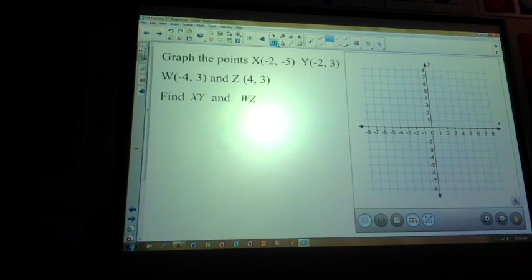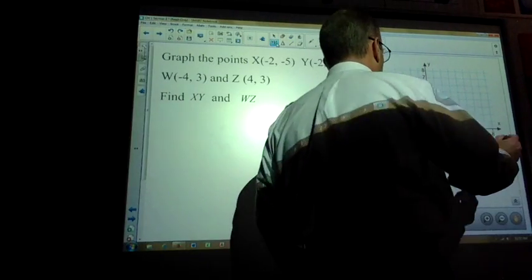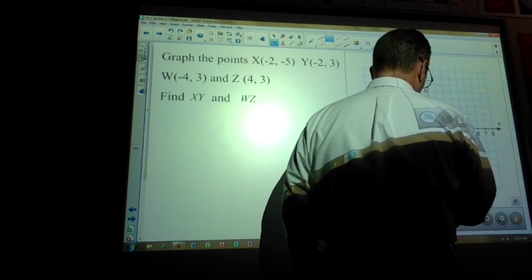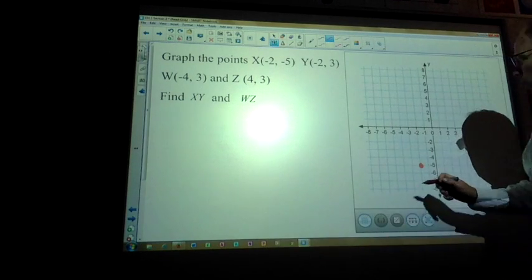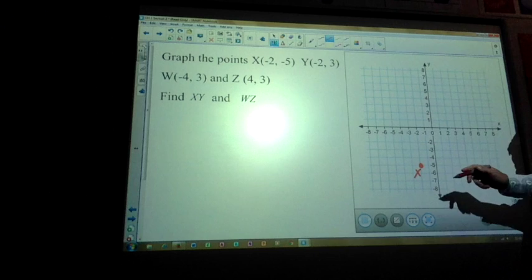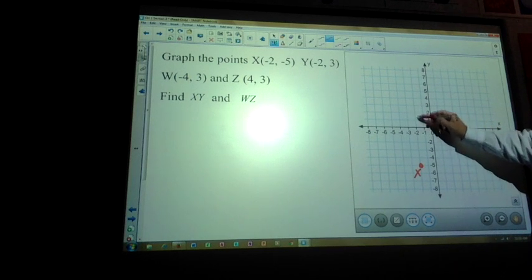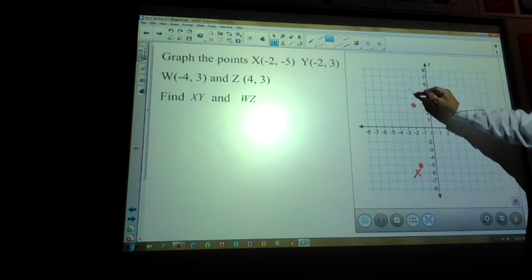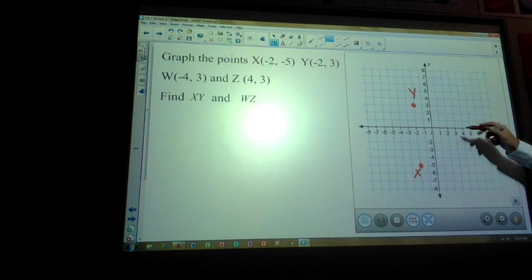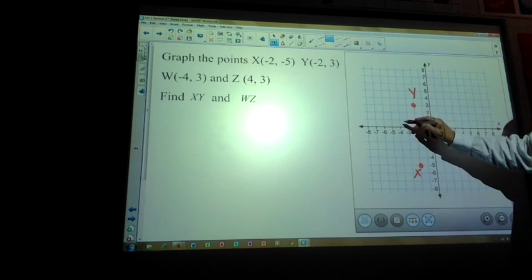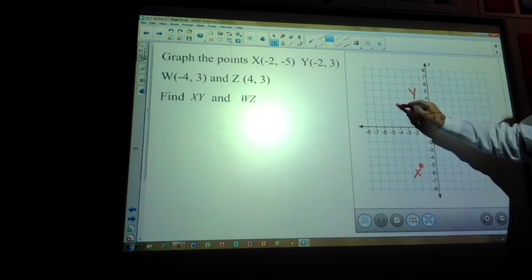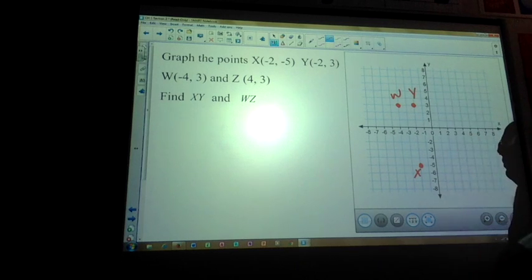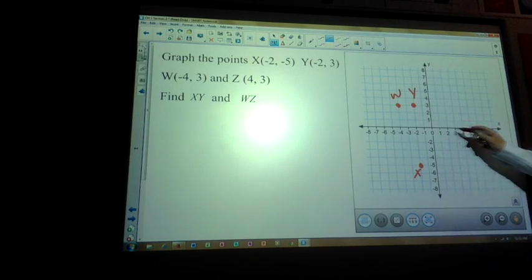Graph the points X at -2, -5. Call that X. And then -2, 3, call that Y. W is -4, 3. And Z is 4, 3.